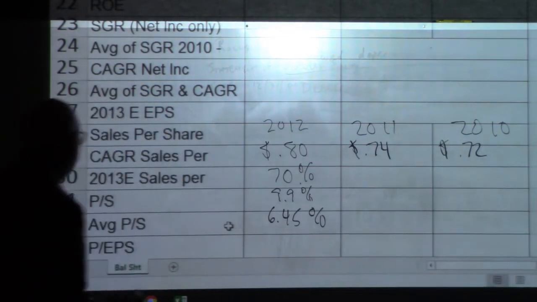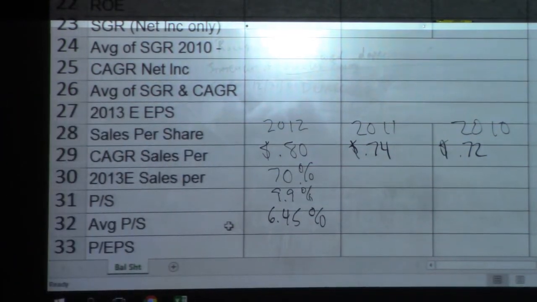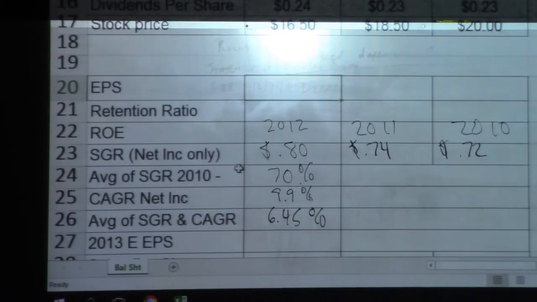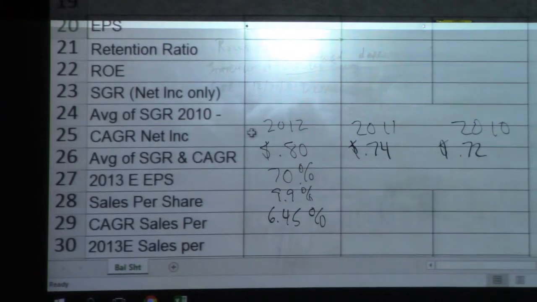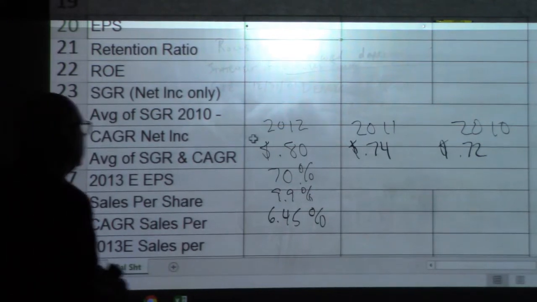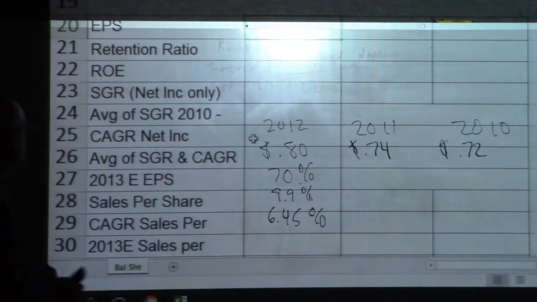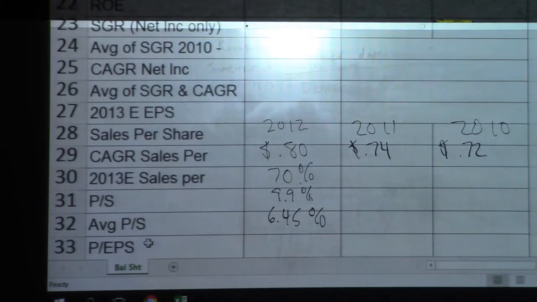Okay. So let's scroll down. Went too far here. All right. So now let's CAGR net income. That's the next thing on the list. Let's see.